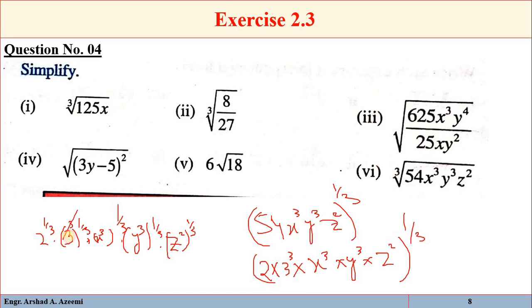Now the 3s will be cancelled with each other and we will get 3xy times the third root of 2z square. So this is the simplified form of question number 4.